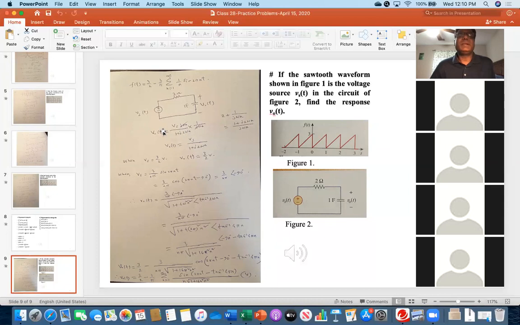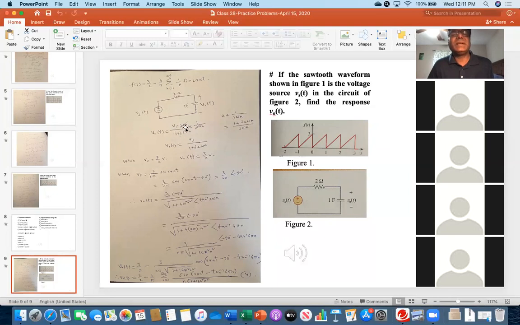Now come back here, see my calculation. You need to calculate V naught of t. This is a simple circuit, so apply the voltage divider rule. Vs over the total impedance, so 1 plus j2 omega n in the denominator, but j omega n goes in the numerator.